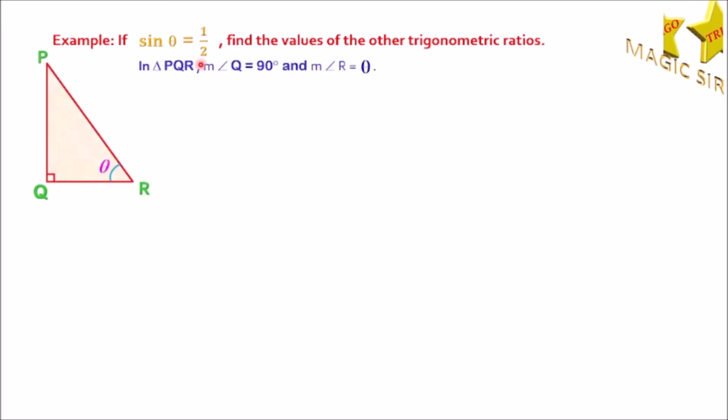Look at the triangle PQR. Measure of angle Q is equal to 90 degrees and measure of angle R is equal to theta.